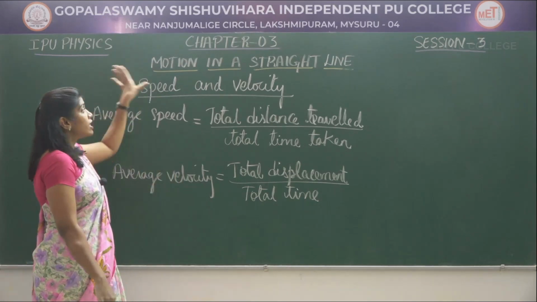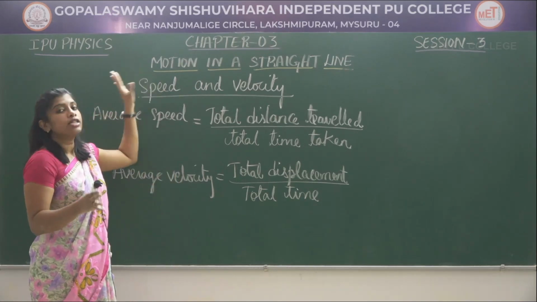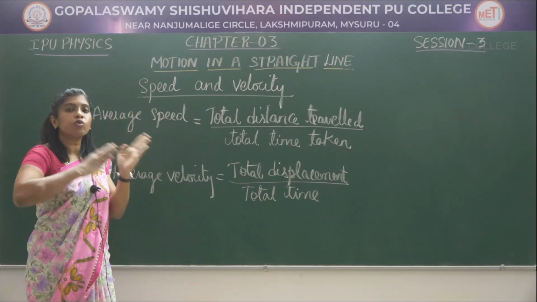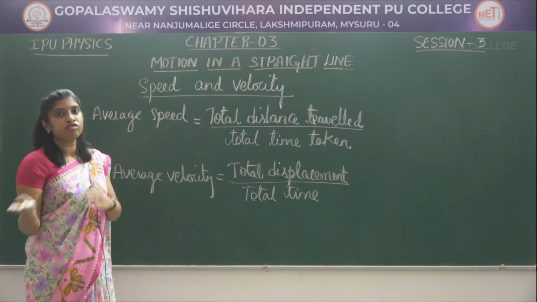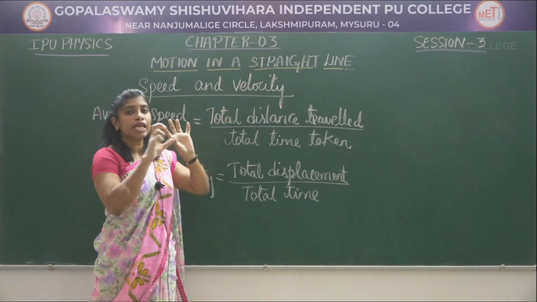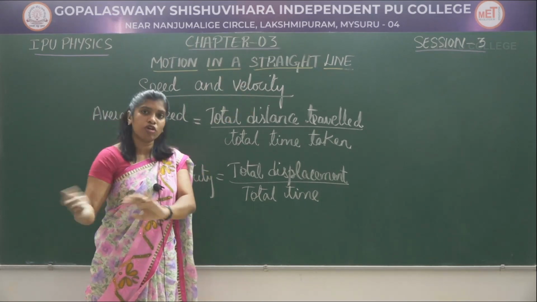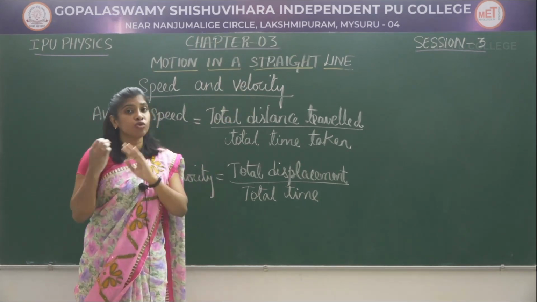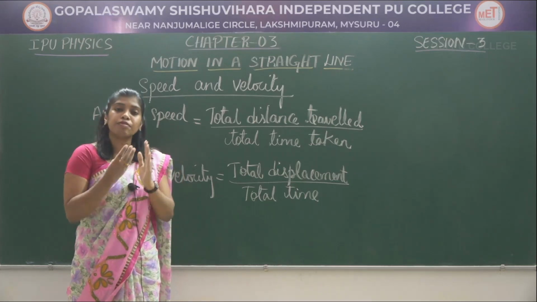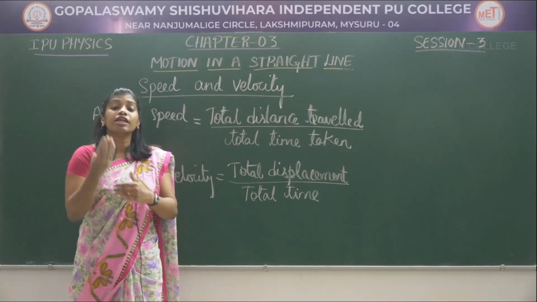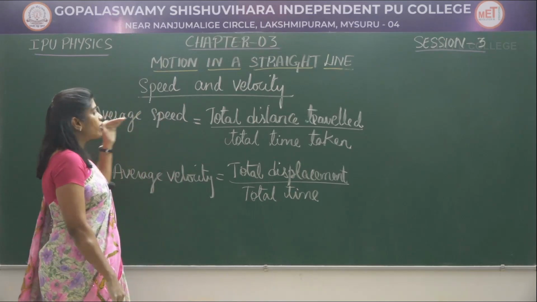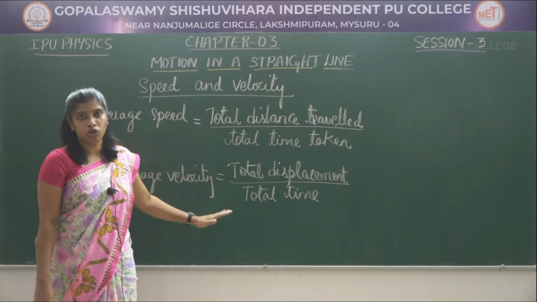In uniform motion, the body travels equal distances in equal intervals of time, or it completes equal displacements in equal intervals of time. But if it is not uniform motion, then it becomes non-uniform motion. Then we have to calculate the average speed or average velocity.